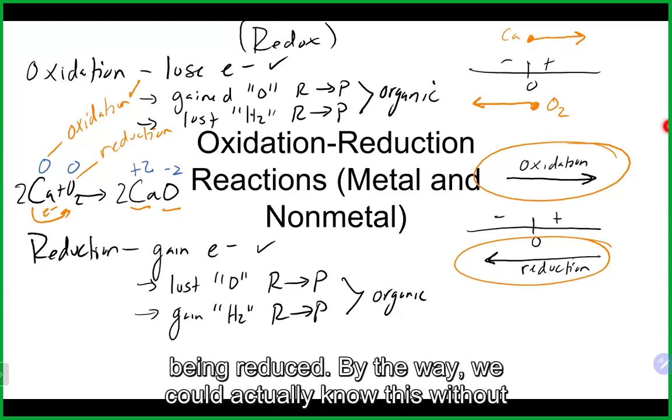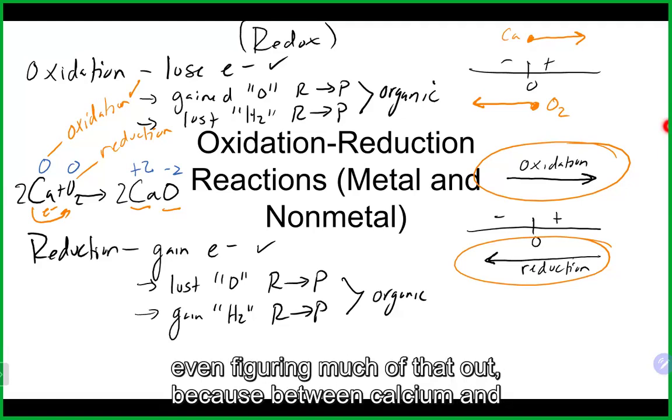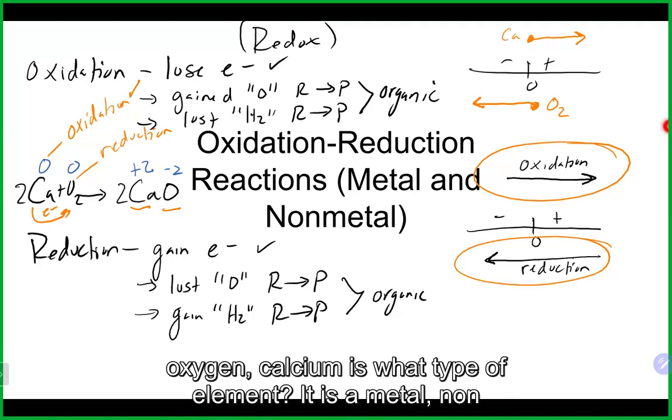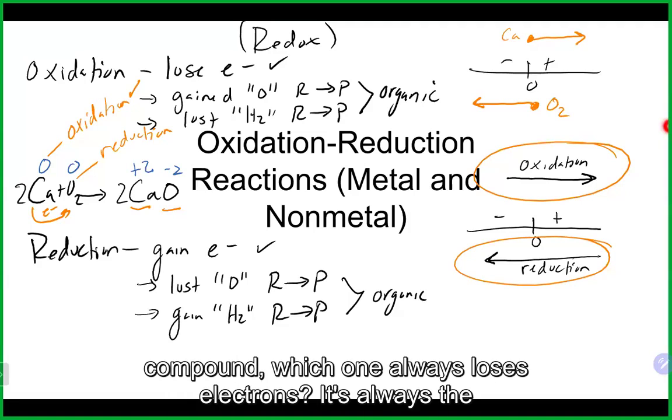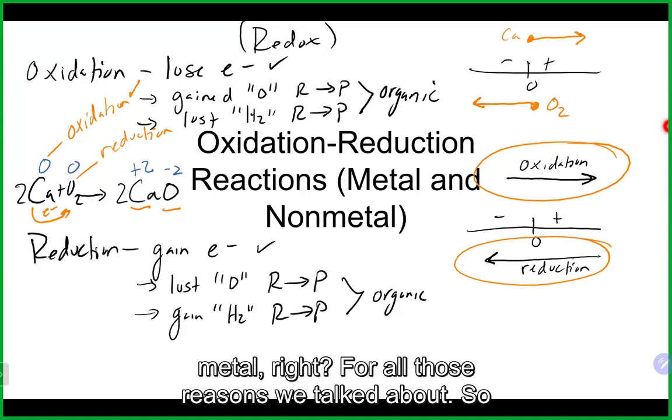By the way, we could actually know this without even figuring much of that out, because between calcium and oxygen, calcium is what type of element? Is it a metal or non-metal? It is a metal. And when we make an ionic compound, which one always loses electrons? It's always the metal, right? For all those reasons we talked about.